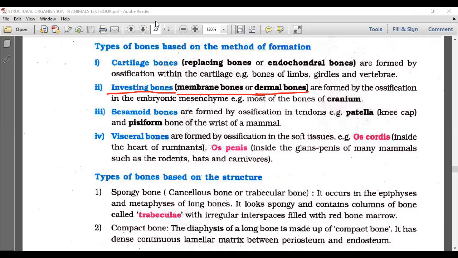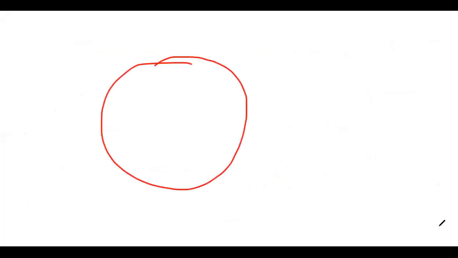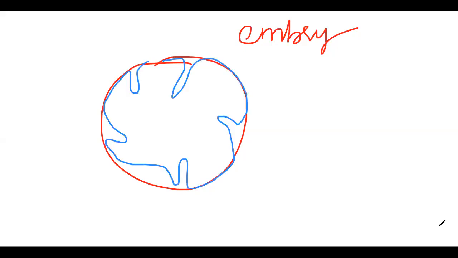So during embryonic development, imagine this is the embryo, with the embryonic mesenchyme. That means the mesodermal derivatives. This is the mesoderm. Now ossification is done on this embryonic mesoderm.